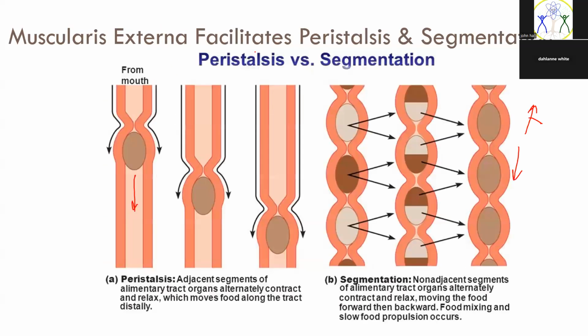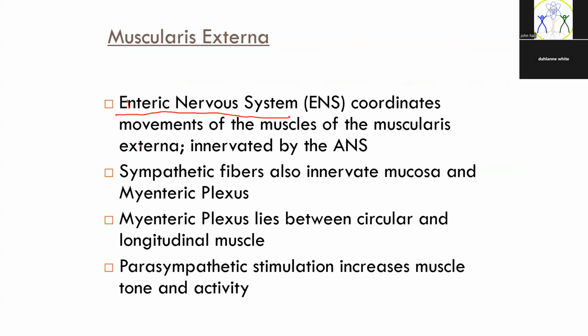So if you go back here, you're stretching the area where the food is pushed. Stretch receptors pick this up and feed this information back into the enteric nervous system. And the enteric nervous system now will activate the circular muscle and longitudinal muscle, which helps to push the bolus along. You do not need the input from the medulla oblongata or any other part of the brain for this to function, right?